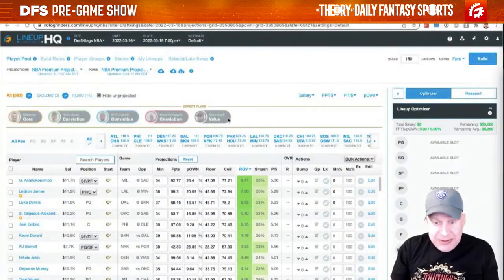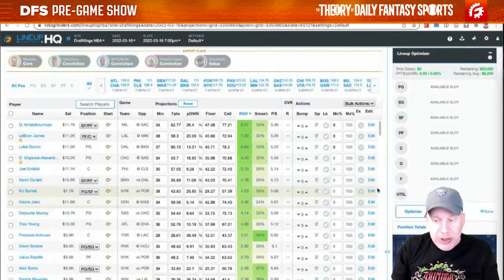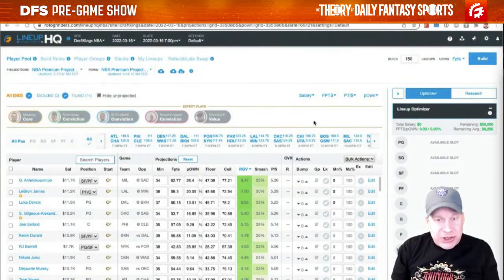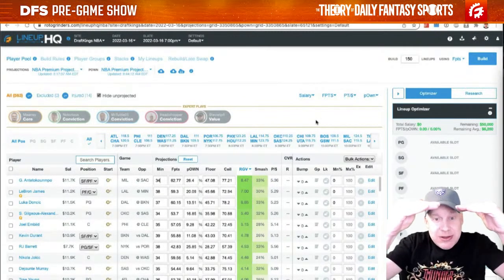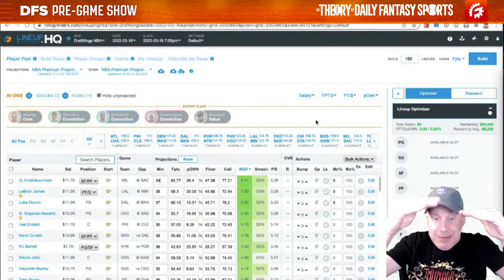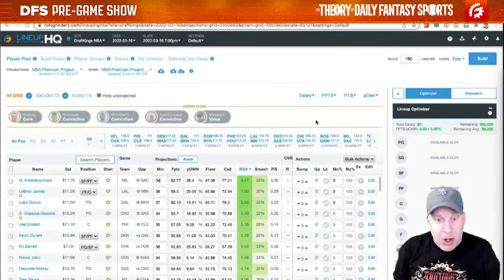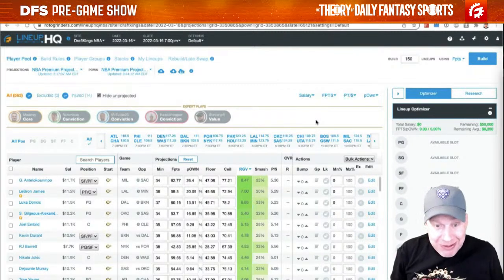It's the same exact thing that I just literally talked about with relative value. How could I build lineups that have the highest projection for the lowest ownership possible? Where's that balance? Can't build lineups that are really low owned because they're probably too low projected.